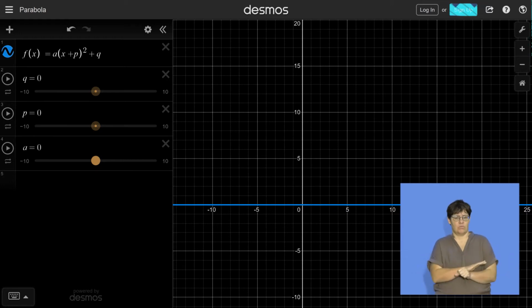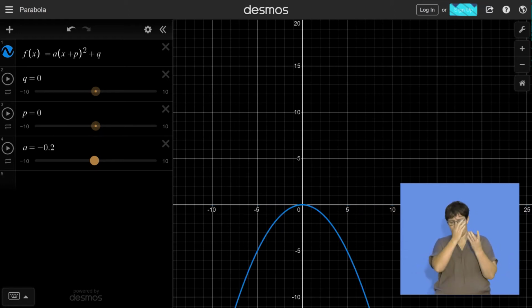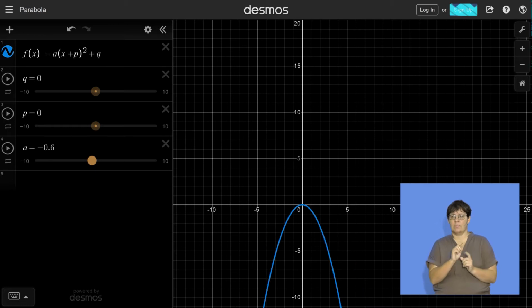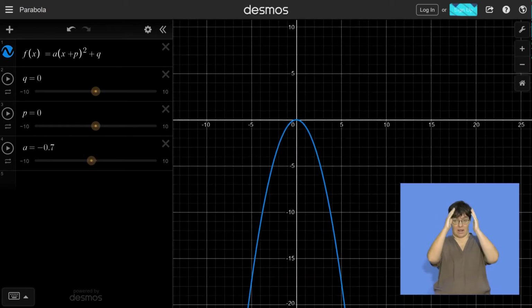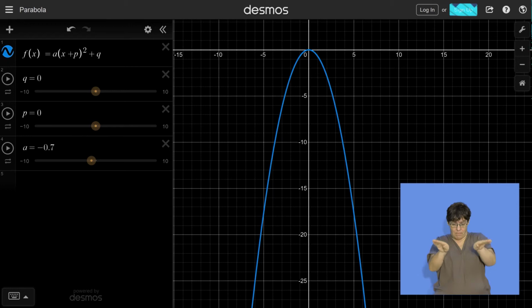Because everything is just multiplied by 0, which is then y equals 0. It then moves on to a negative, and as it moves on to a negative, that's where it now becomes a sad face, right? Remember happy face and sad face. And the turning point, though, is still at 0. Why? Because q and p are both 0.